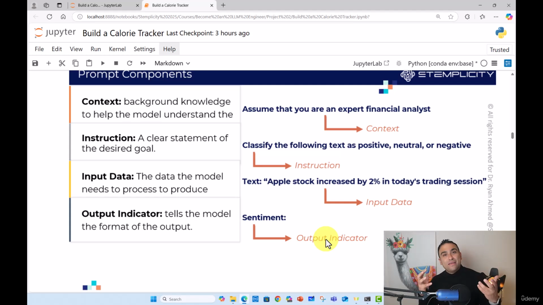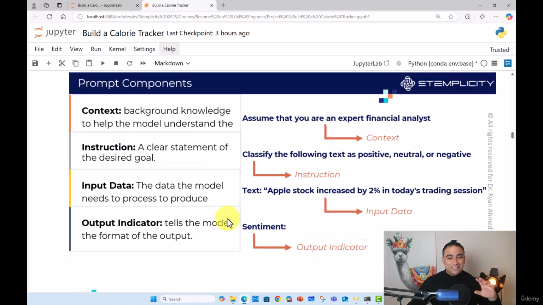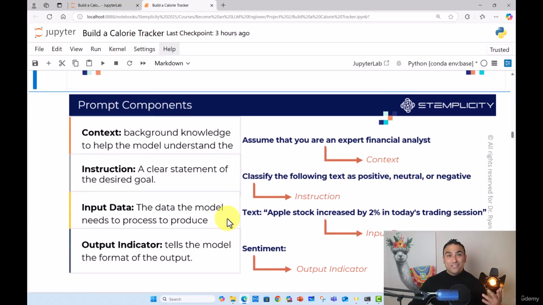And when it's generating the output, it's going to know exactly what the output would look like. So here it's expecting the output should be sentiment, colon, for example, positive. Okay. So the output indicator is going to tell the model the format of the output. So this is, I would say, the best way to structure a prompt. And of course, there is a massive demand right now for prompt engineers.